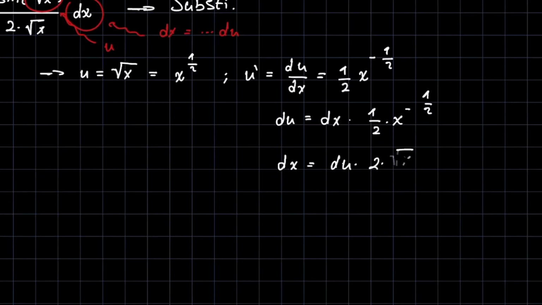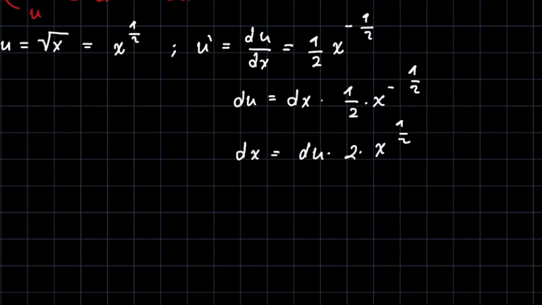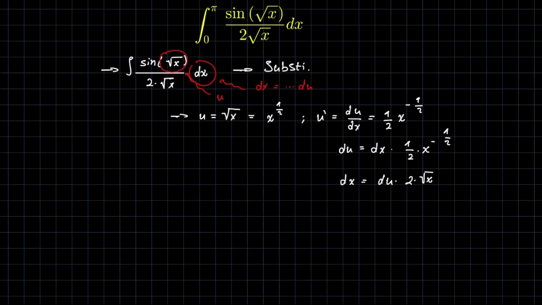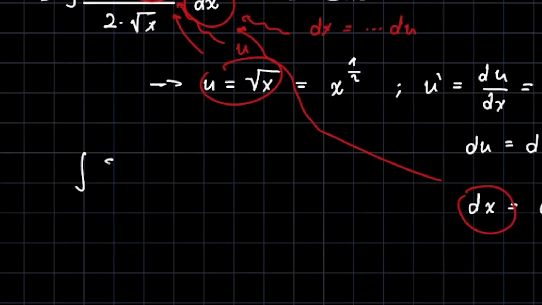It is basically x to the power of 1/2. When I multiply both sides by that, the negative sign will get cancelled, so I'll have the square root of x here. Now I substitute these terms back into my integral, so I get the final transformed integral, sine of u over 2 times the square root of x, and dx was equal to du times 2 times the square root of x.